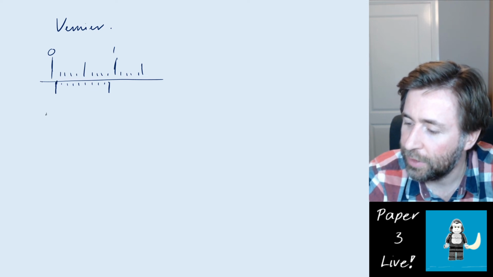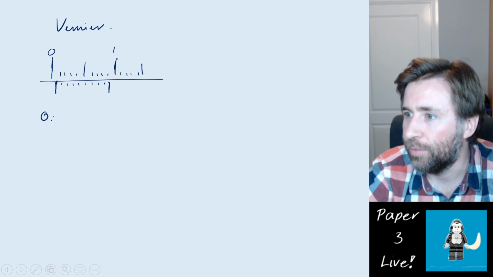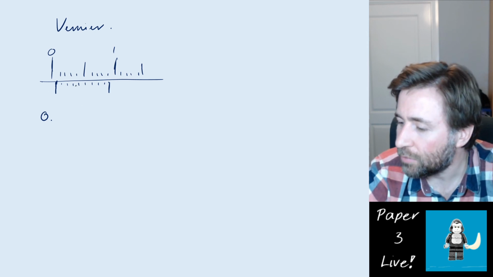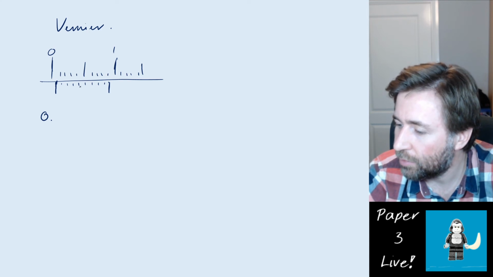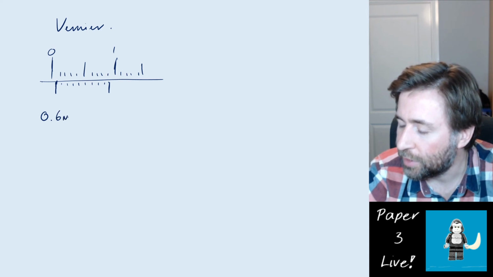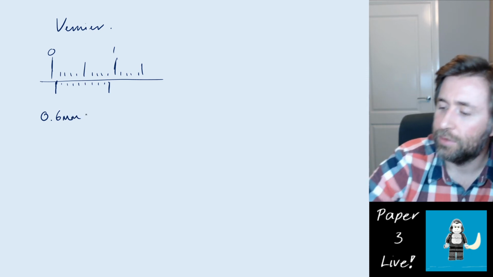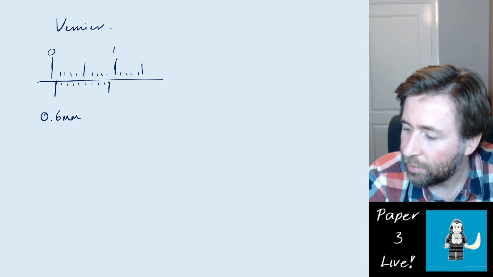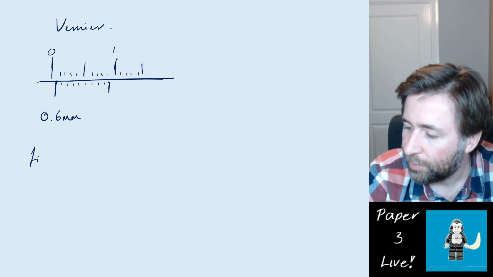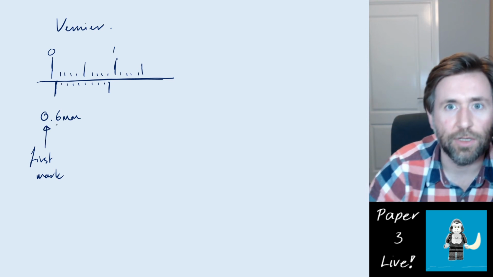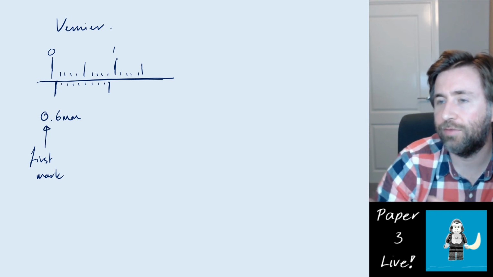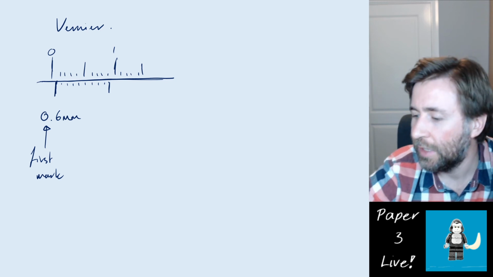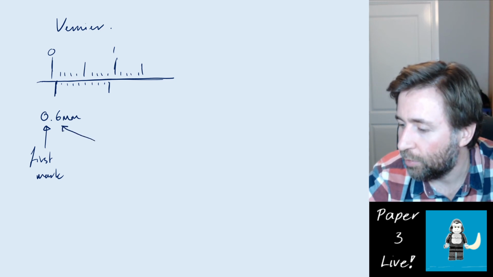This would become 0 point, and this is in millimeters, and whichever one of these next ones lines up, which looks like it's the 1, 2, 3, 4, 5, 6th one, 0.6 millimeters, that would be the reading. So on a vernier scale, you use the very first mark to give you the first digit, the whole numbers of millimeters, and it's a little bit further than the first whole number of millimeters. So the second one comes from whichever one of the 10 vernier marks lines up.